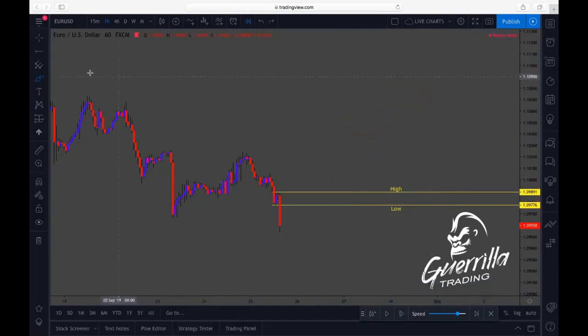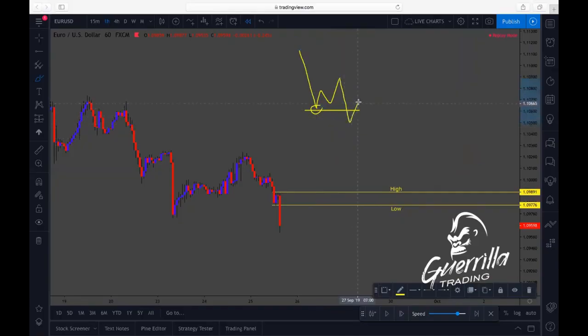It's the same. So as price is coming down, we get a pullback. We expect price to break this most recent low here impulsively for a trend, but it doesn't do that. It comes down and retraces, comes down and retraces. And this is just showing us that momentum is slowing down.